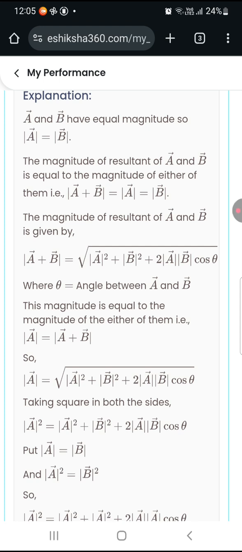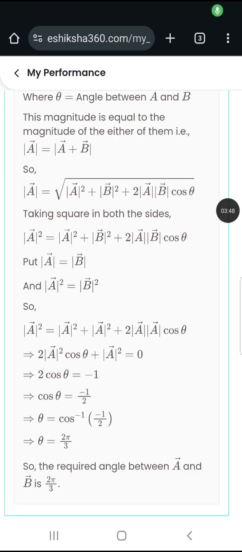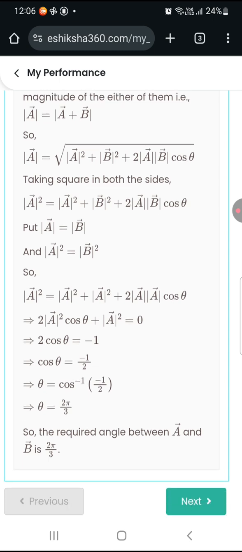The magnitude of the resultant of A and B is given by the formula, where theta is the angle between A and B. This magnitude is equal to the magnitude of either of them. Taking the square on both sides, the required angle between A and B is 2 pi by 3.